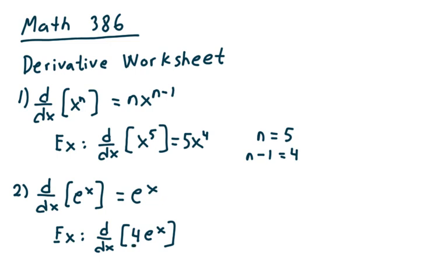Now, 4 is constant, so I can pull that out in front of the derivative. And then I'm going to take 4 times the derivative of e to the x with respect to x. The derivative of e to the x is e to the x, right? And so we're going to get 4 times e to the x.